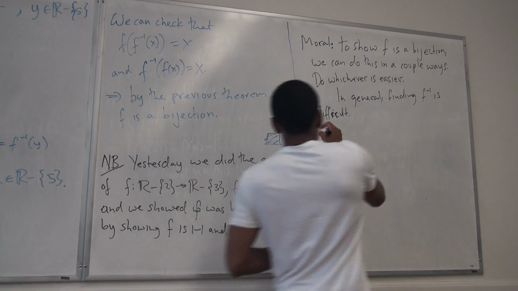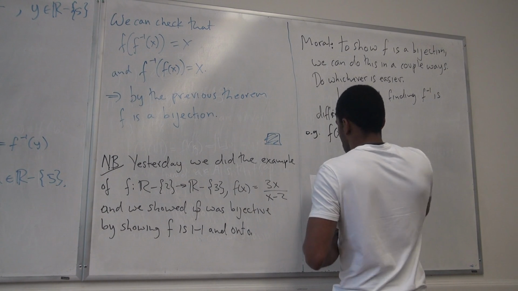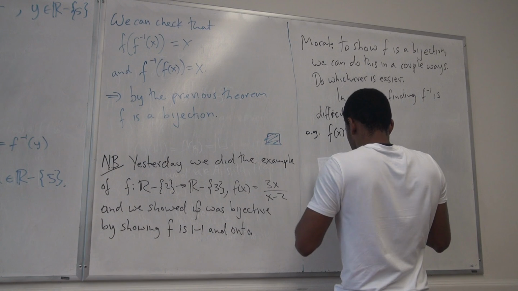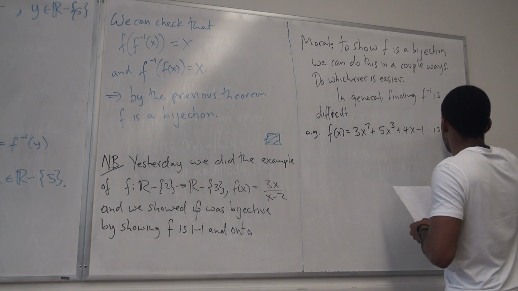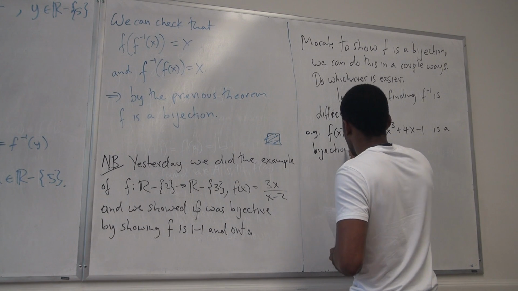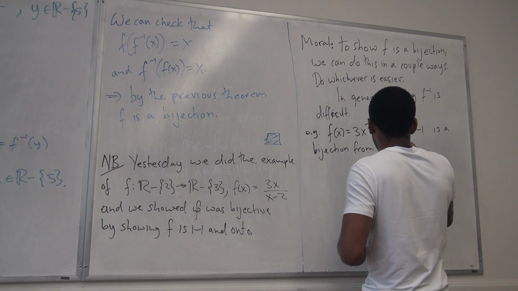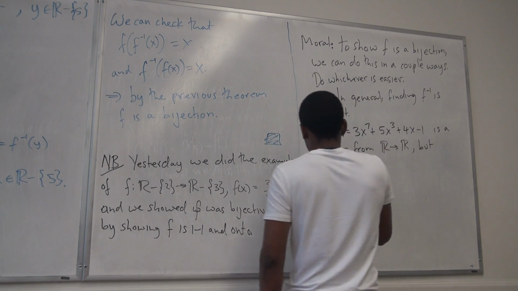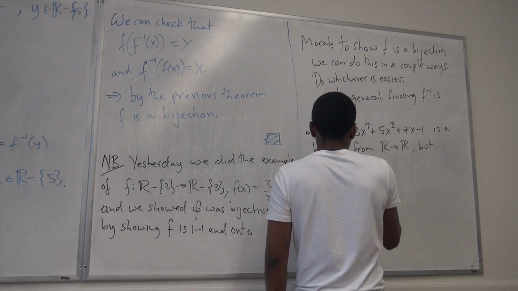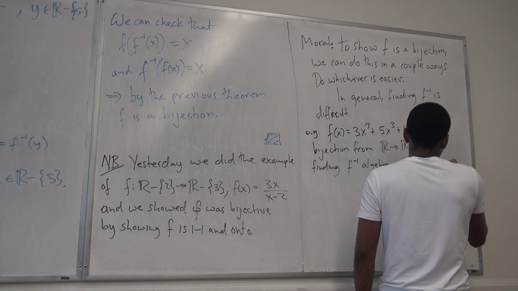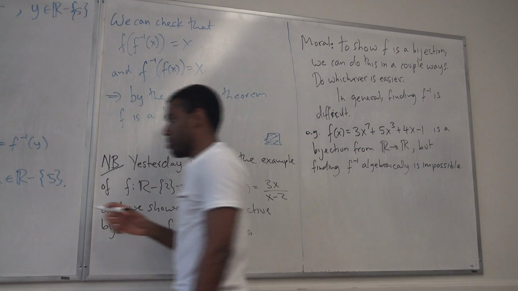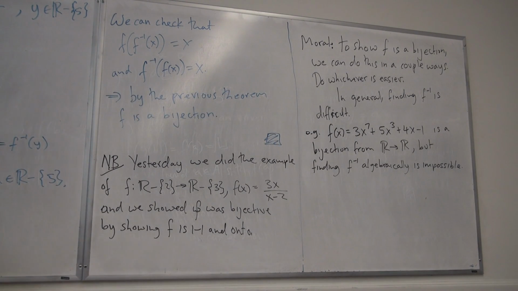I'm sure you know examples where it's difficult. Example, f of x equals... So that guy, if you want to prove that it's a bijection, you have to go show it's one-to-one and onto, which is going to be difficult as well, but finding f inverse, you can't do the second way.